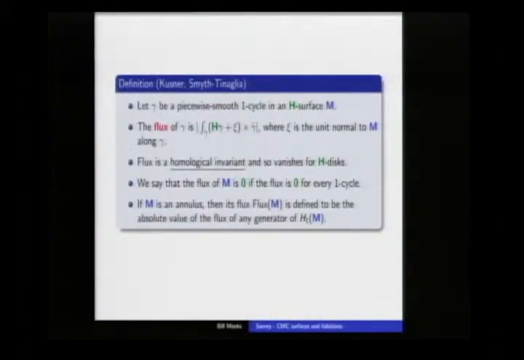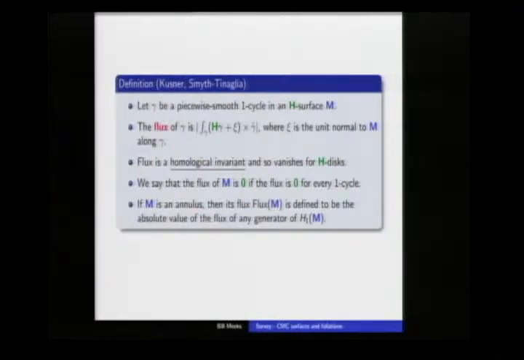One of the ingredients that comes up in what I'm talking about today is called flux. If you have a simple closed curve, a one cycle, which in this case is just a closed curve, on an H surface M, I can talk about the flux of that closed curve. What I do is integrate. In R3, I take the mean curvature of the surface and multiply it times the curve. That's a new mapping.